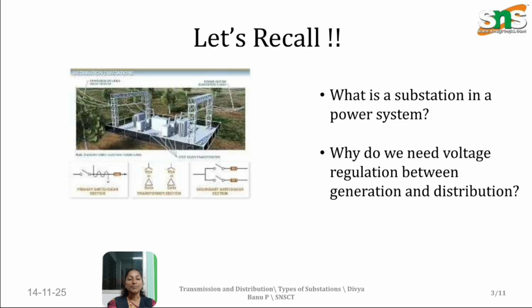Because we have to regulate the voltage. If it is three phase, we have to supply 415 volts, and if it is single phase, we have to supply 230 volts. So we have to regulate this. We have to supply a proper voltage which does not cause any fault or damage in the devices.